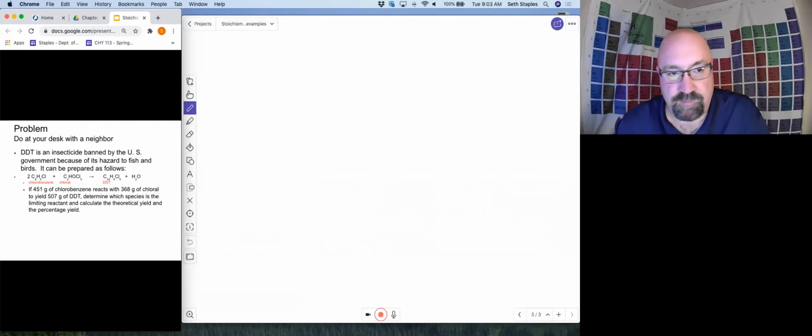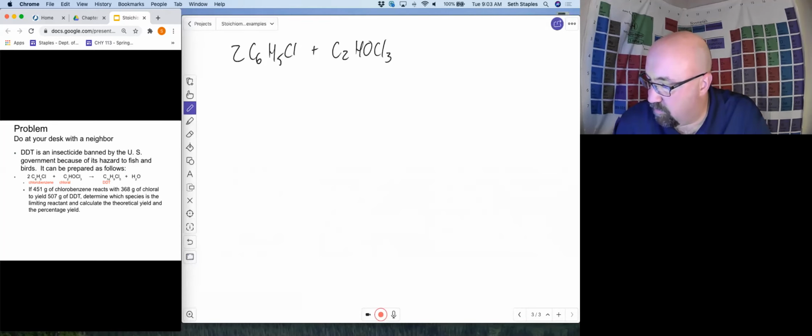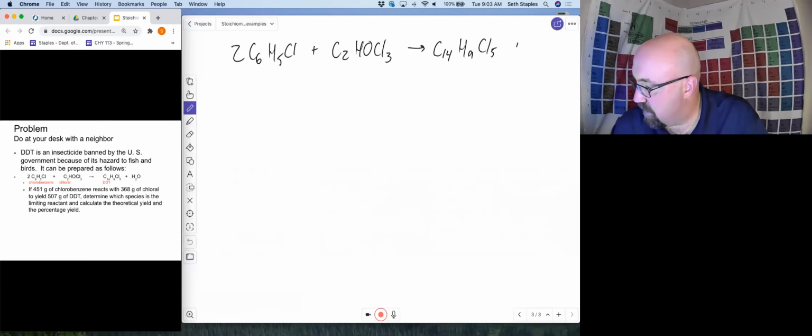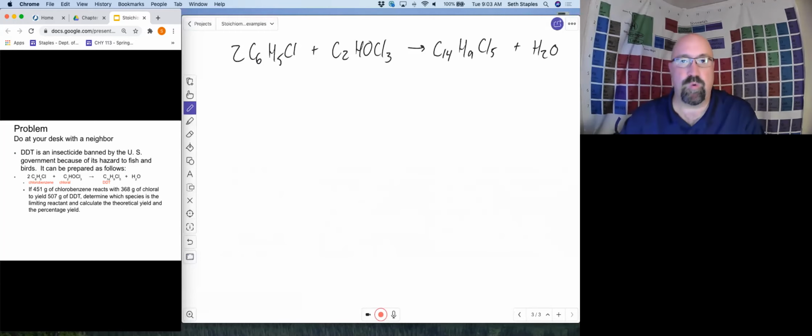And so our first step is, let's go ahead and just write that out so we have it. 2C6H5Cl plus C2HOCl3 gives us C14H9Cl5 plus H2O. And so there's our balanced chemical equation.